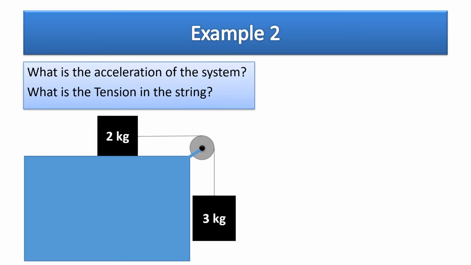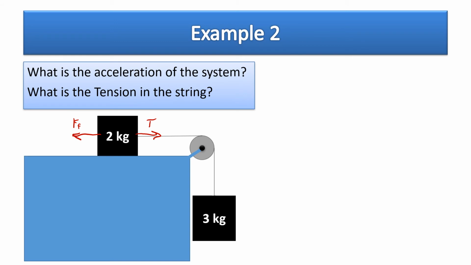All right, so we could do the same thing if you want to practice this in a different situation. Now we have a 2 kilogram block and a 3 kilogram block, but one of them is on a level surface. For now, we'll just say it's a frictionless surface. Once we learn about friction in Unit 5, this is going to become a much more interesting problem because you'll have a frictional force here in addition to the tension over here.